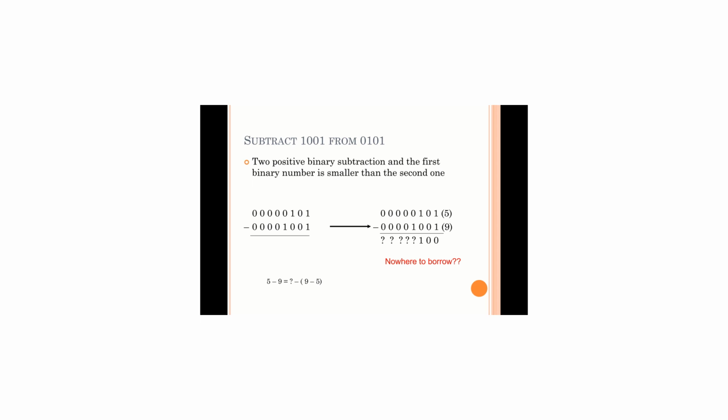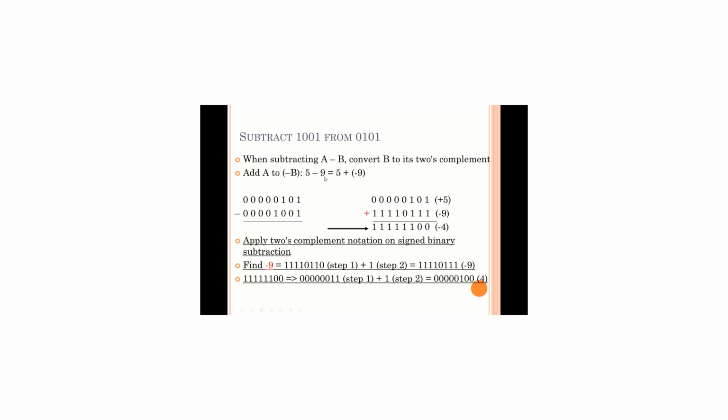However, 5 minus 9 is the same as 5 plus negative 9. So what you need to do is get the number 5 and then get a positive number 9, and then obtain the 2's complement of positive number 9 to get the negative 9. And then you add the two numbers together, and you will get the correct result. Okay?